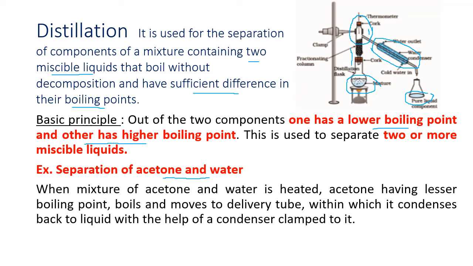The vapors are collected here, condensed, and the acetone is collected here. So why does acetone separate first? Because acetone has less boiling point than water, and these two liquids are miscible.